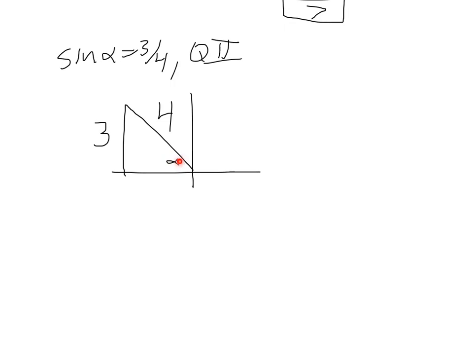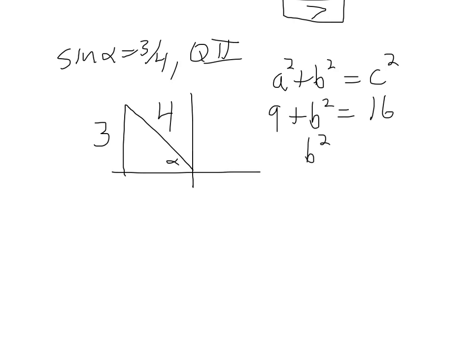So in terms of alpha, opposite is going to be 3, hypotenuse is going to be 4, and adjacent would be here, and that's the piece that we're missing. But we know the Pythagorean theorem, which is a squared plus b squared equals c squared. Plugging in 3 for a, or b, doesn't matter, we'd get 9 plus b squared equals 16. That is b squared equals 7, and b is plus or minus square root 7.